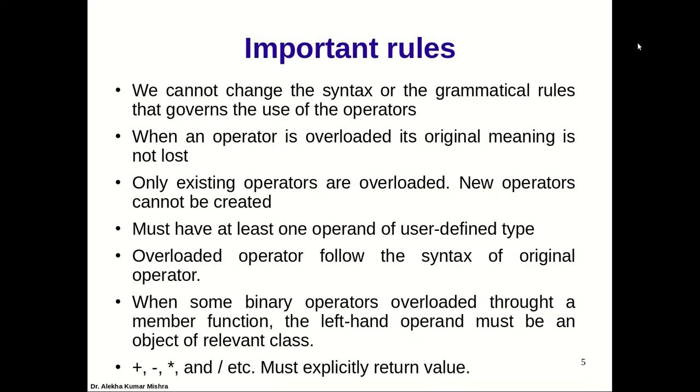Then the overloaded operators must follow the syntax of the original operators. Whatever way plus or minus is used, it should be the same. Like we use a plus b where a and b are integers, we should also use distance or time in exactly the same way.